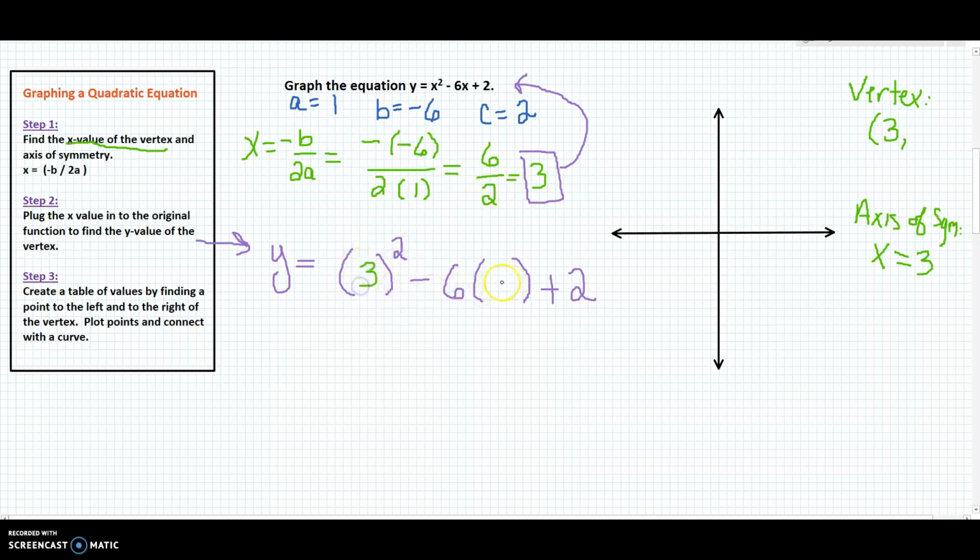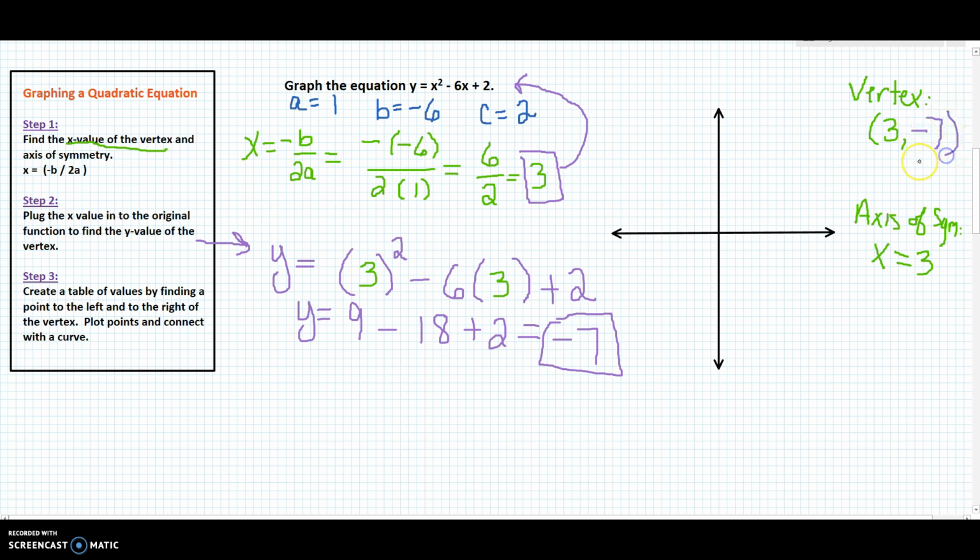So wherever I see an x, I'm going to put in a 3, and I'm going to simplify. So y equals 3 squared, which is 9, minus 6 times 3, which is 18, plus 2. And we can see that 9 minus 18 is negative 9, plus 2 is negative 7. So the y portion of our vertex is negative 7.